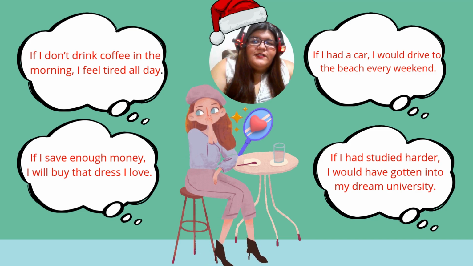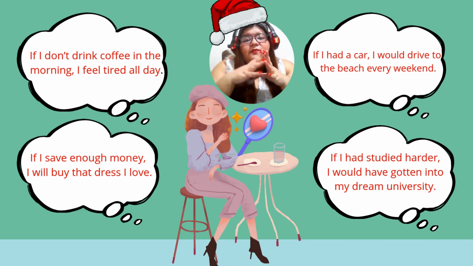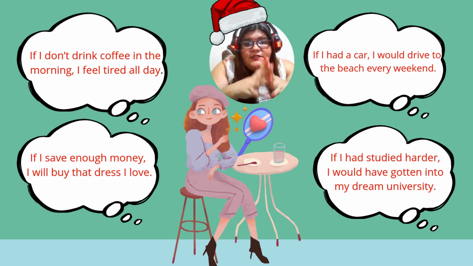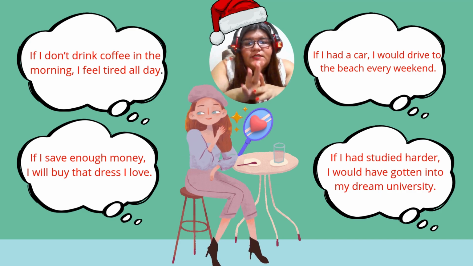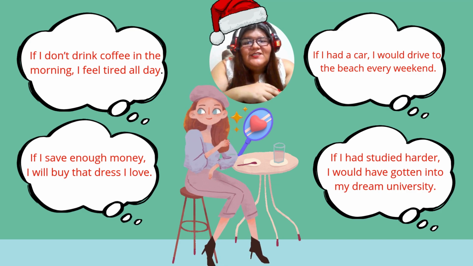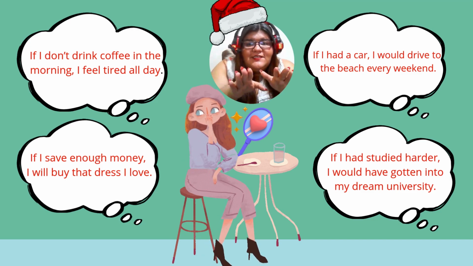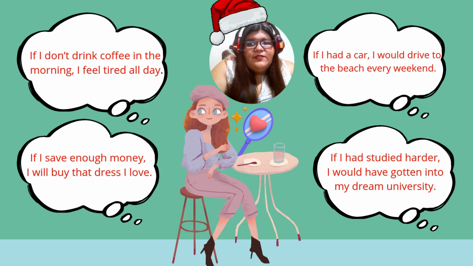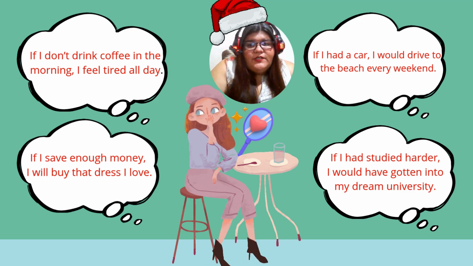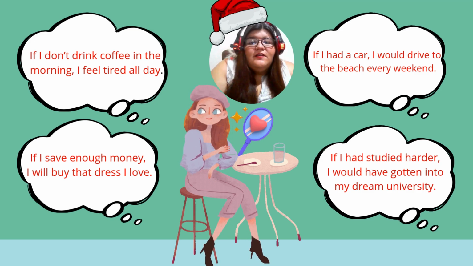So now, guys, I decided to picture that once again, but in this case, we have four sentences that represent the four conditionals. So let's see what this girl is thinking. If I don't drink coffee in the morning, I feel tired all day. She is thinking that.